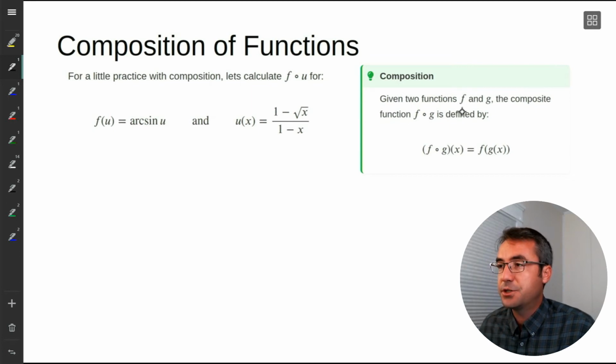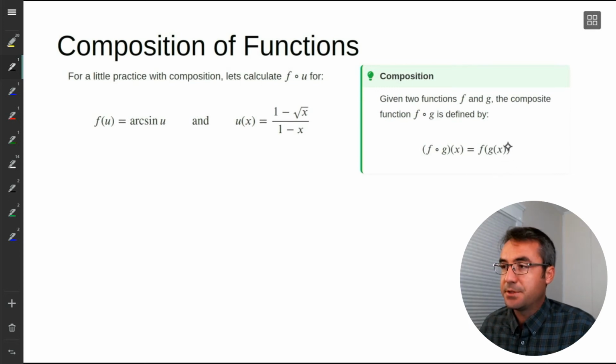Given two functions f and g, the composite function f composed with g is defined by this formula here. We're going to form this brand new function, and the way we calculate it is our input is x, we plug that into g first, and then we plug that into function f.